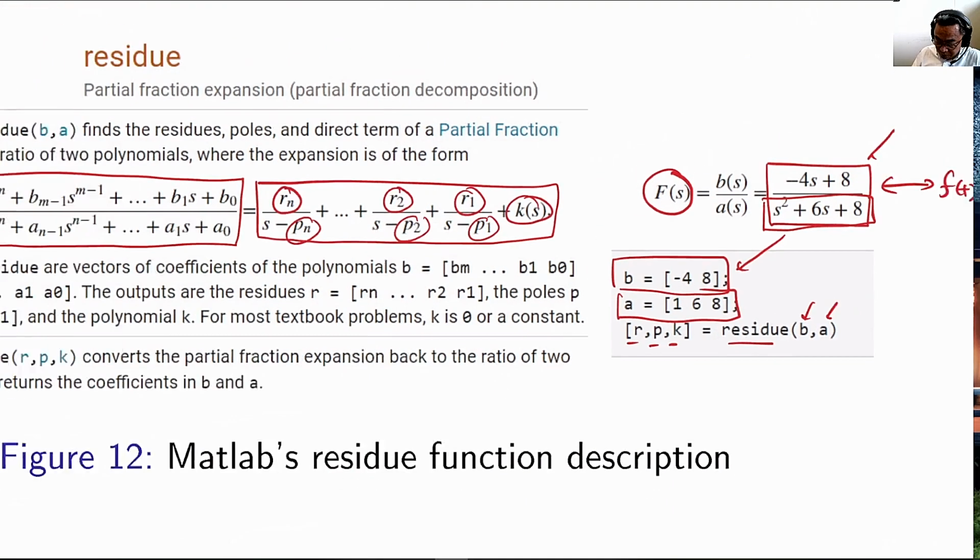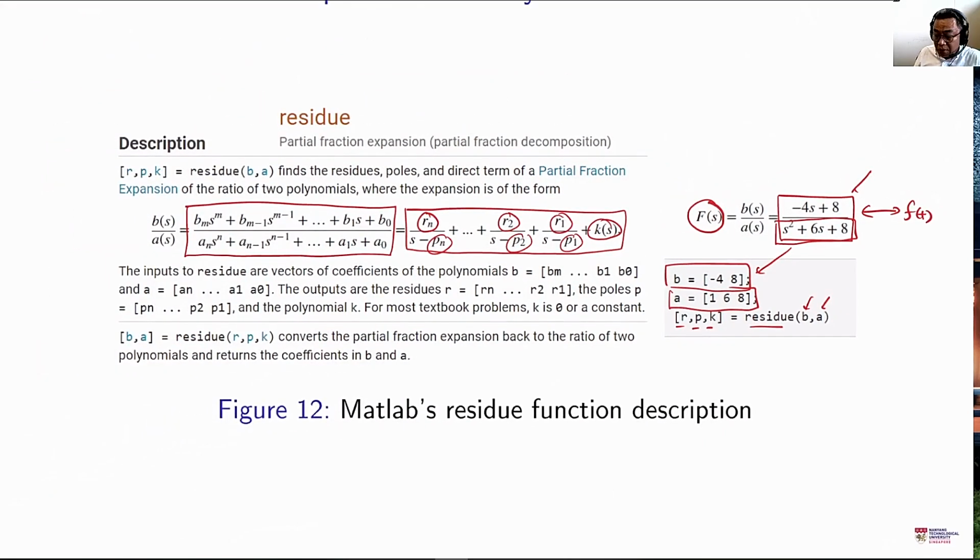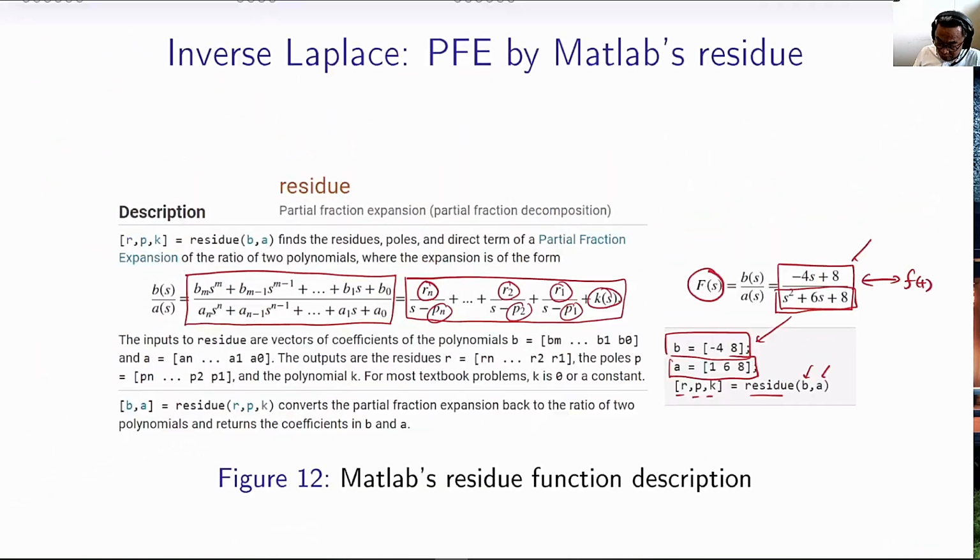That's all. So what we are trying to tell you is that there are functions in MATLAB that can help you solve this kind of problem. However, of course, in the exams, you're expected to do partial fractions by hand. But what you need to do is to use the residue function in the lab as well as your tutorial to verify your answers.